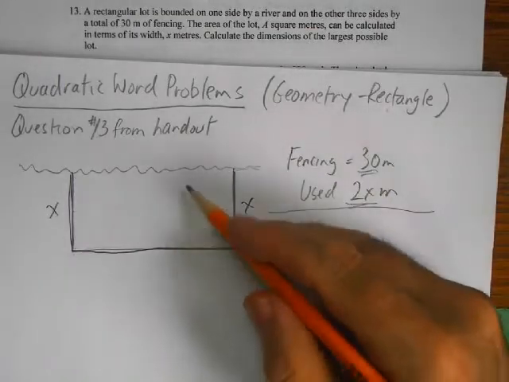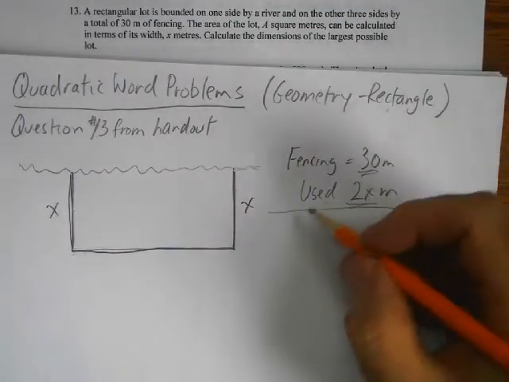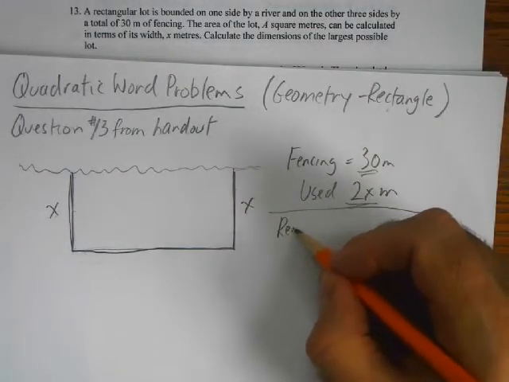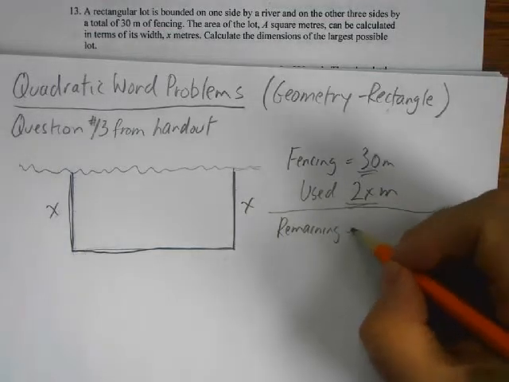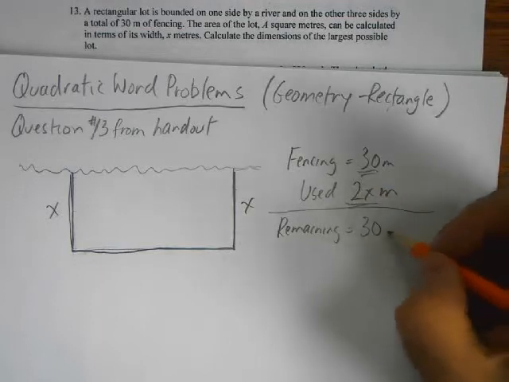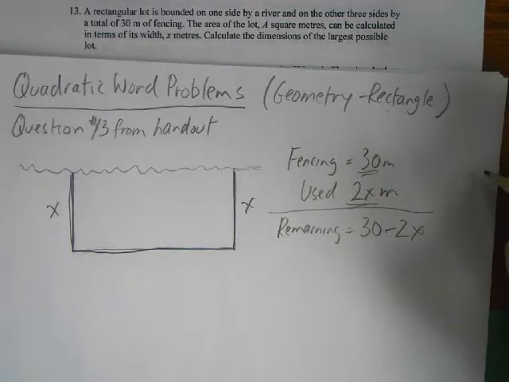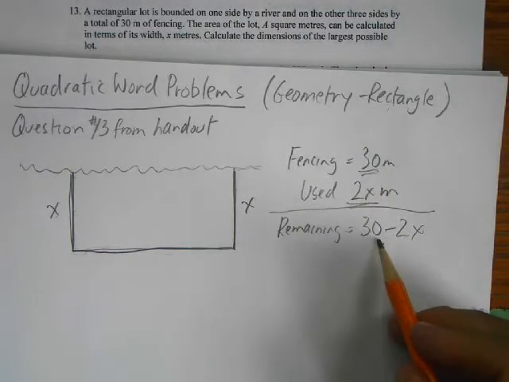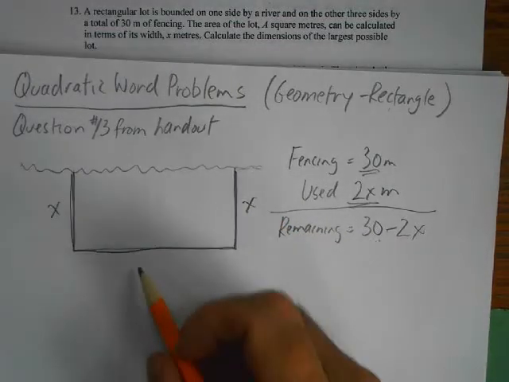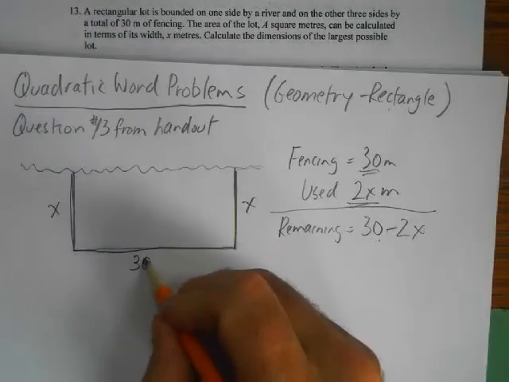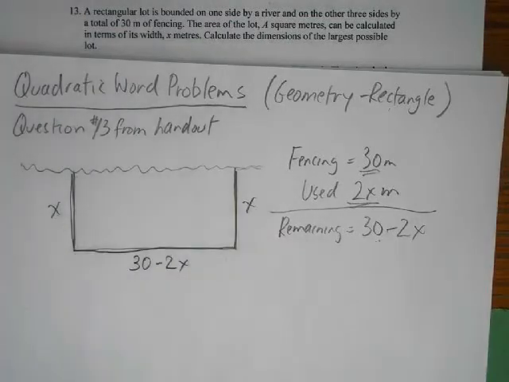Okay, so how much do we have left for that third side? This is just simple math. We subtract. We started with 30 and we took away 2x meters. So that's how much we have left over once we've used those. So that 30 minus 2x is going to go there.